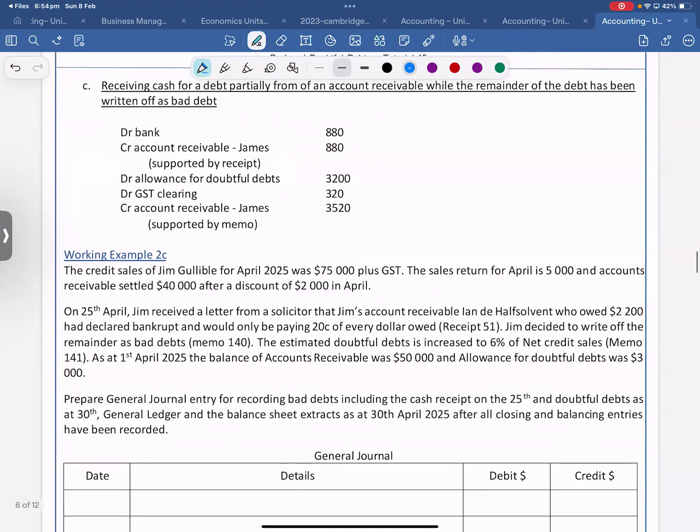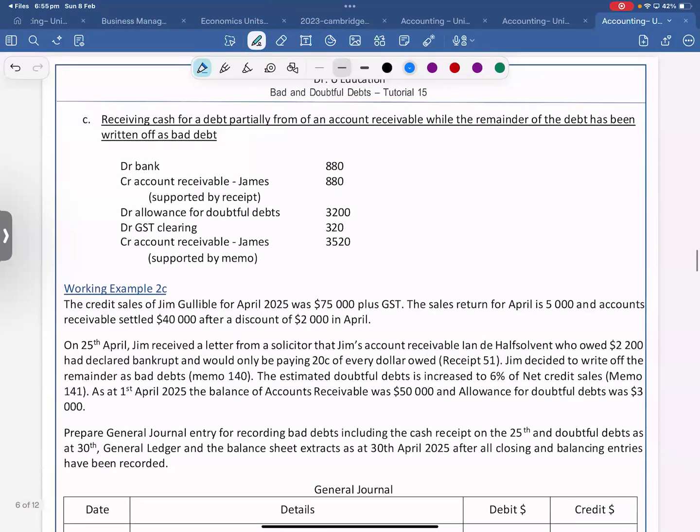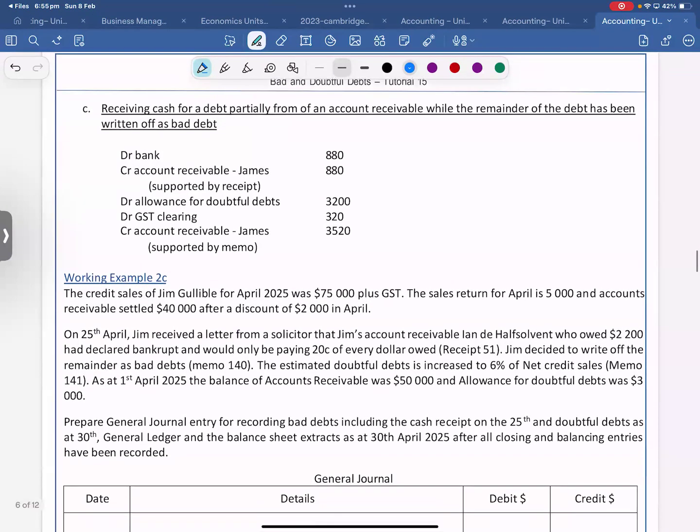Including the question. The double entries and the question. When it is supported by a receipt, does that mean you just have to put nothing on a number, or do you have to put full narration? No, not the narration, I meant the double entries.